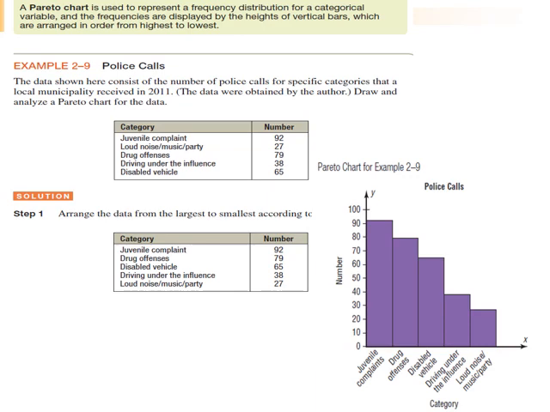So this is the data after arrangement, and we draw the x-axis and put the category variables, and on the vertical axis we put the number or the frequencies.